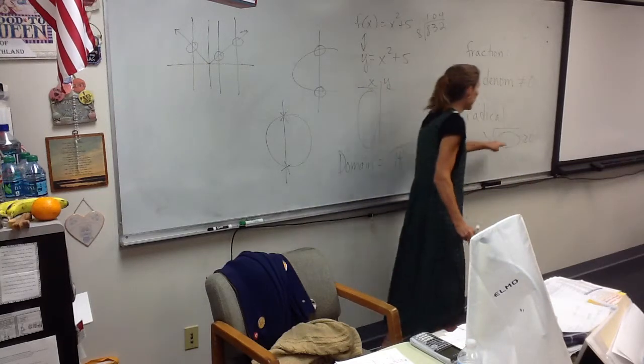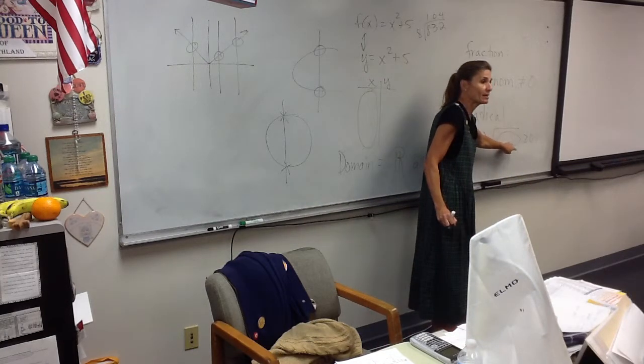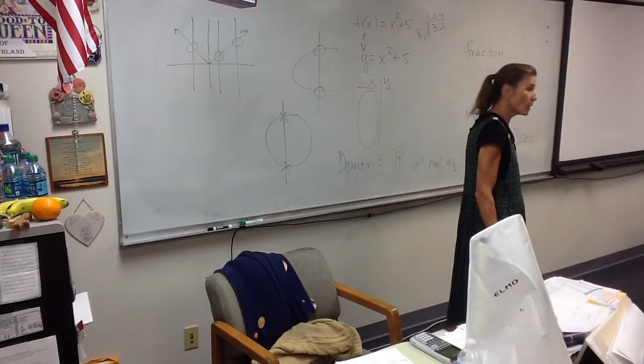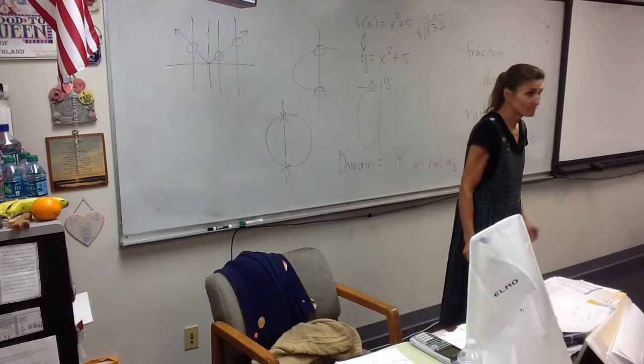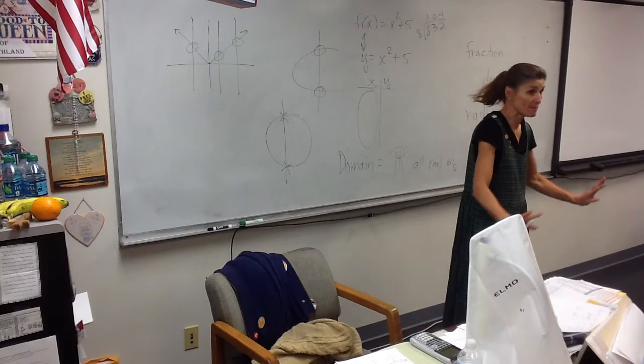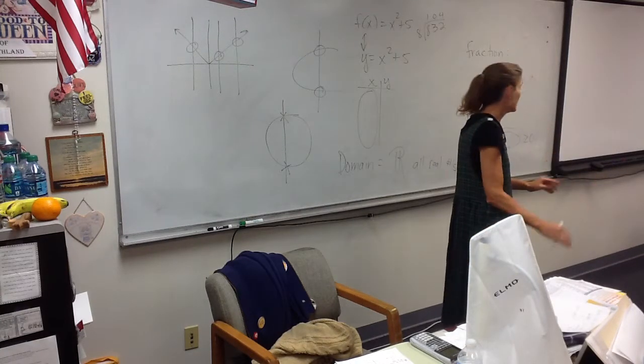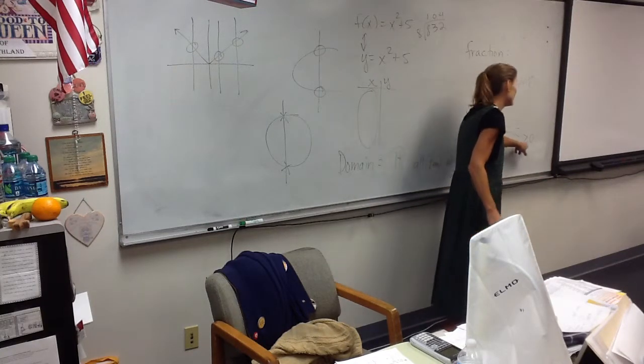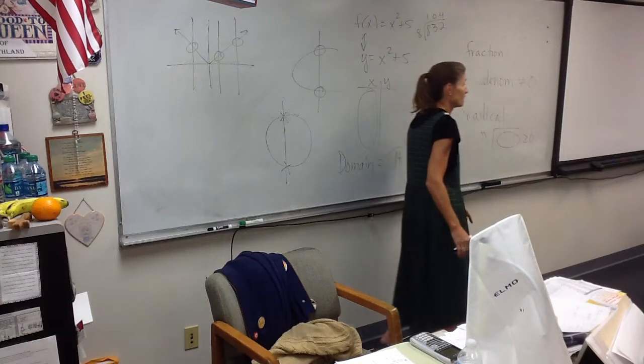In other words, whatever is under the radical has to be positive. Because what happens if it's not? You're imaginary, and we don't want to be imaginary. We want to keep it real. So we are going to make sure that whatever is under the radical is positive.